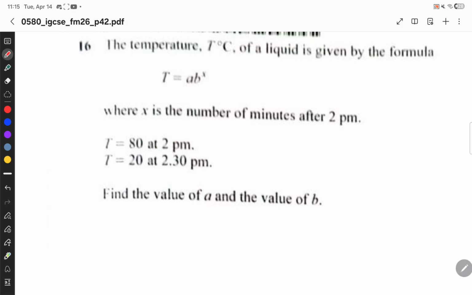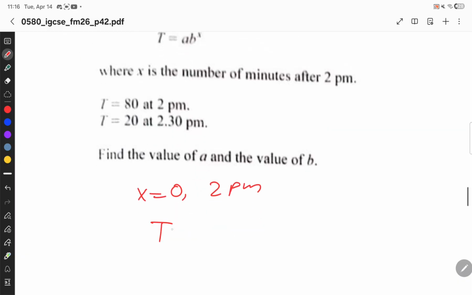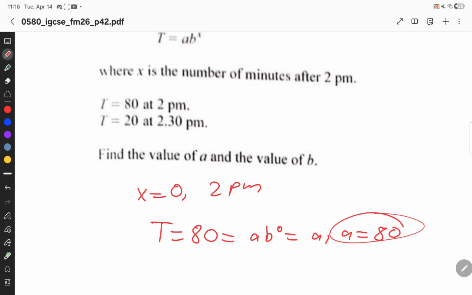multiplier. So at x is equal to 0, it is at 2 p.m. So T is equal to 80 is equal to A B to the 0, which is A, so A is equal to 80.